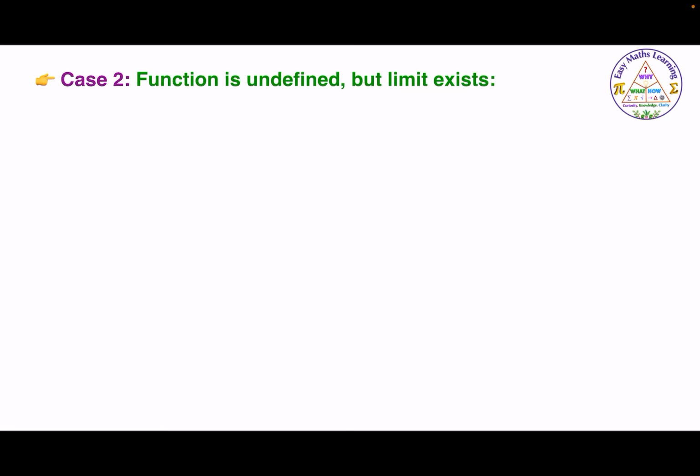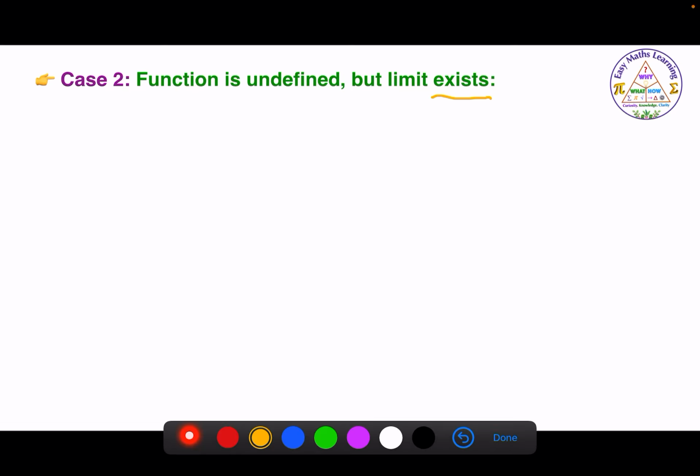Case 2, function is undefined but limit exists. So function is sin x by x. This function is undefined at x equal to 0, because if we put x equal to 0 here, you see sin 0 by 0, means 0 by 0 form we are getting, which is a meaningless form mathematically.